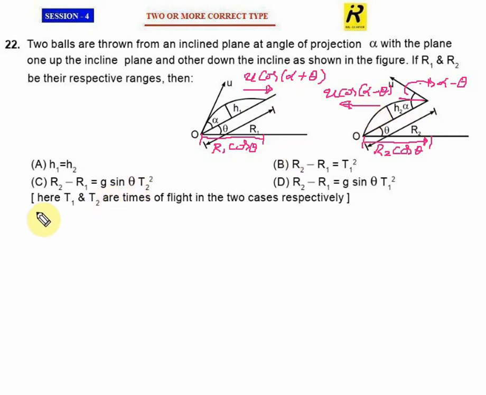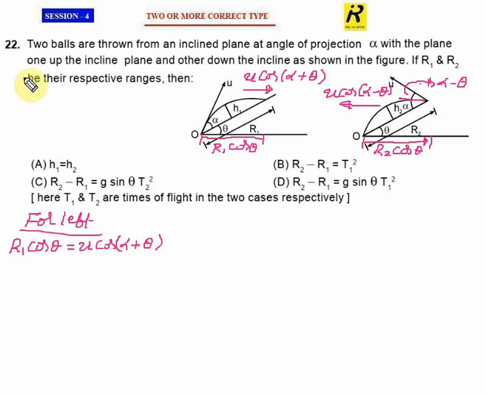So for the left picture, the horizontal range is R1 cos theta, which equals velocity into time. The velocity is u cos(alpha plus theta) into time.